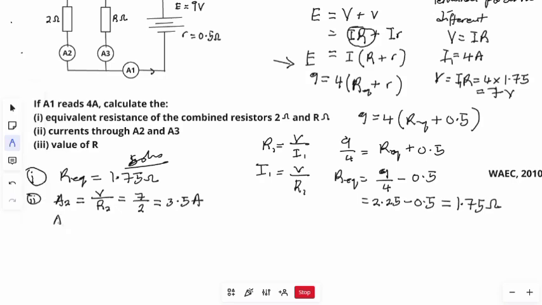So now A3 can be gotten by saying A1 minus A2. Since A1 is the total current, the total current minus one of the currents, which is this A2, will give us that A3.